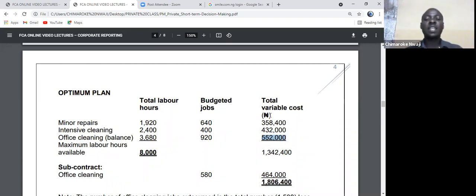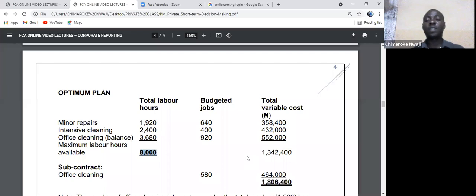So for in-house, if you add up all these variable costs here, you are going to get 1,342,400 for using the 8,000 hours. You will be spending that amount.